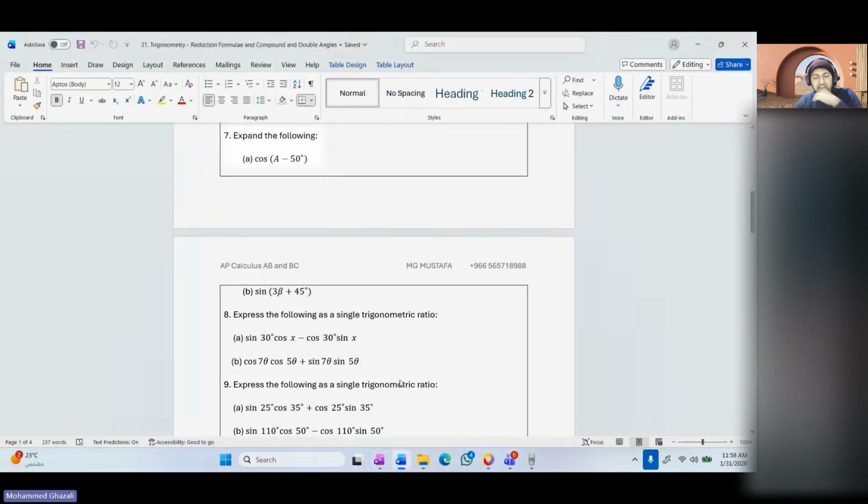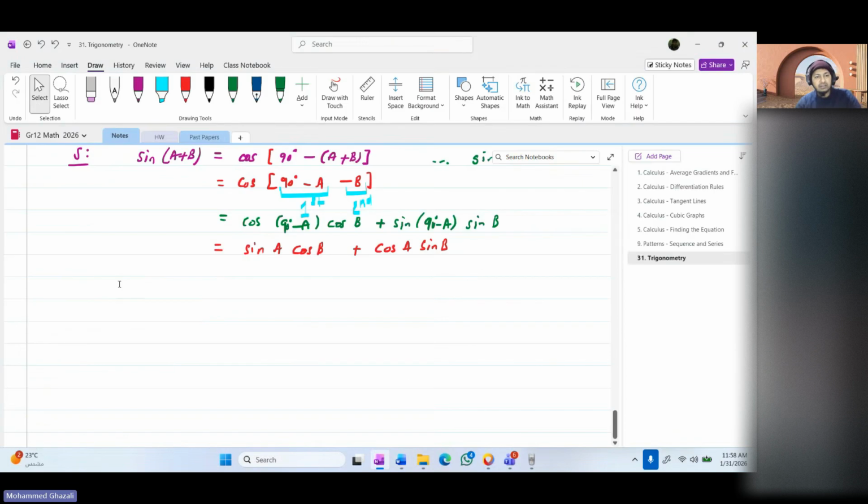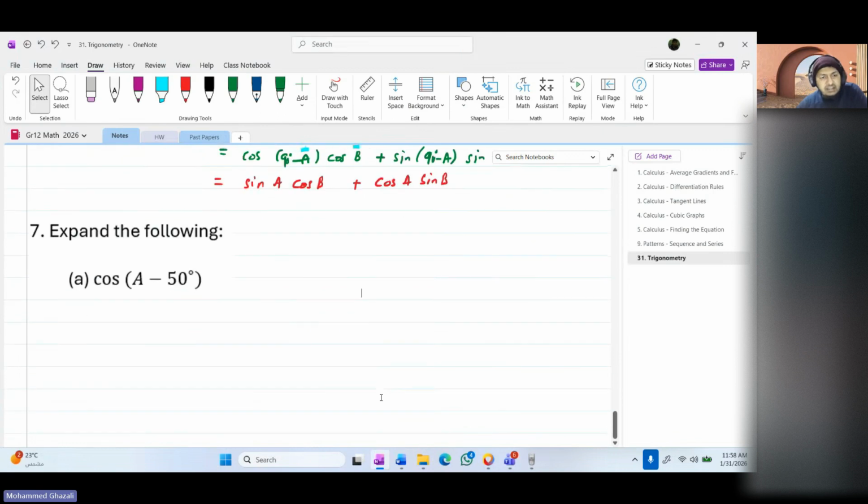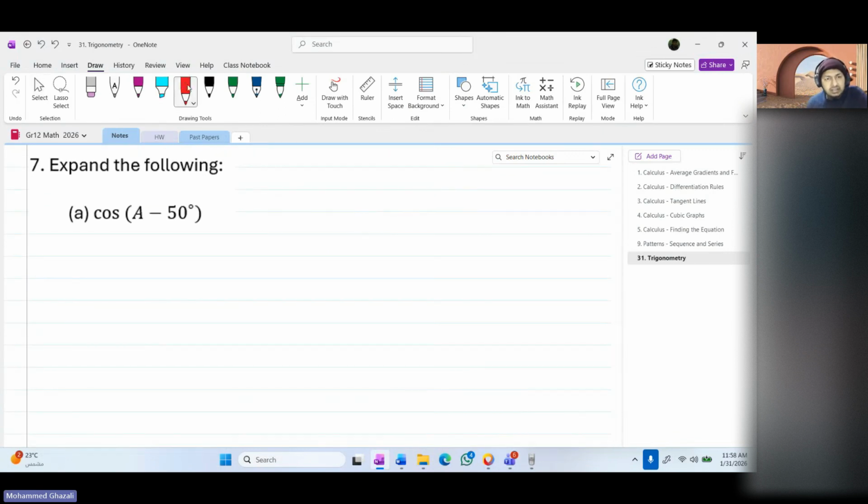Right, so this is our question 7. I got two parts here, part A and part B. Okay, so see what this says. Expand the following. Expand cos of A minus 50. That's easy.